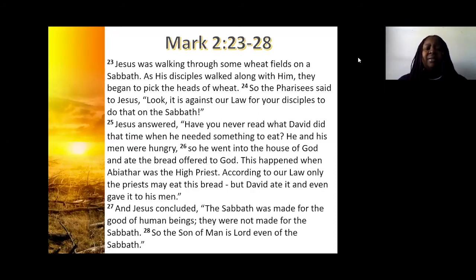So Jesus answered, "Have you never read what David did that time when he needed something to eat? He and his men were hungry. So he went into the house of God and he ate the bread offered to God. This happened when Abiathar was the high priest. According to our law, only the priest may eat this bread. But David ate it and even gave it to his men."